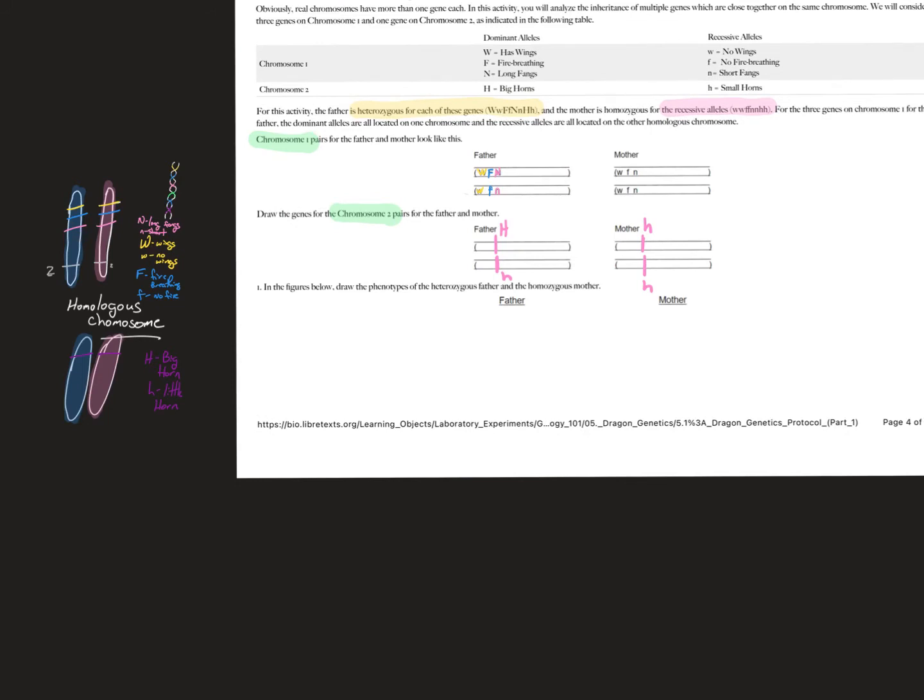So here's where some of the people that are very artistic could take hold, but you'd have a dragon with, in this case, long fangs, because father has a big N, so it's going to produce long fangs.